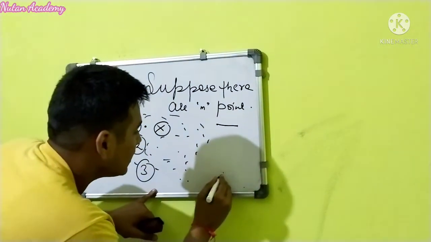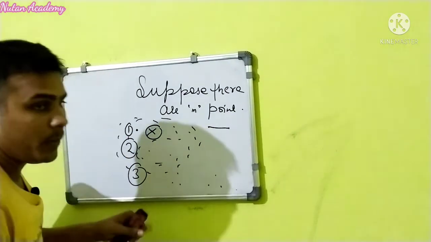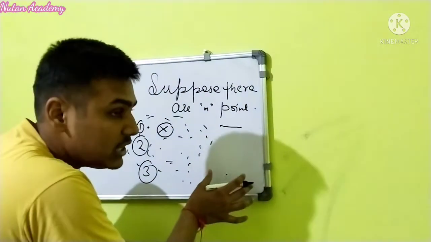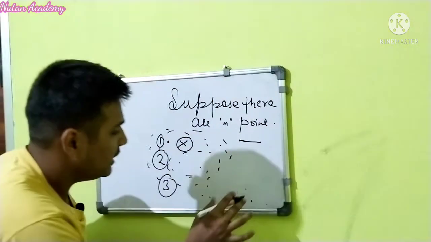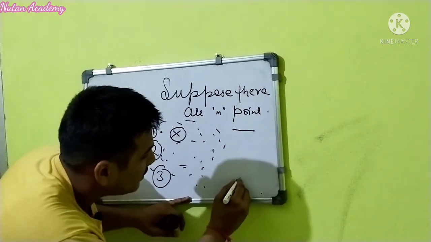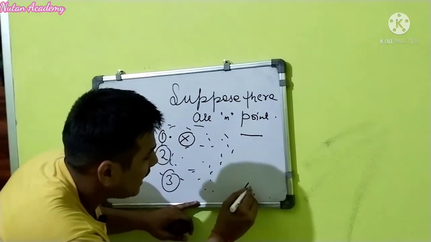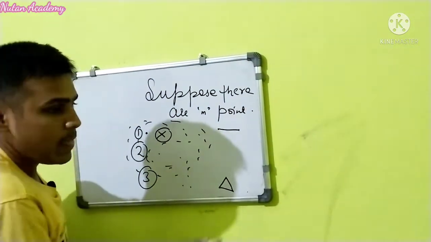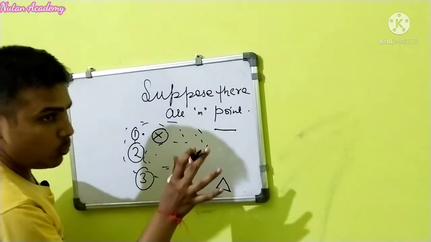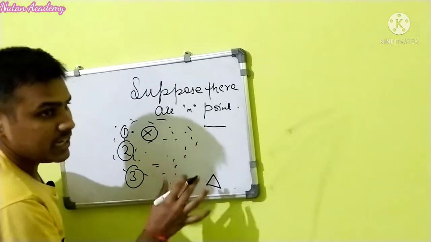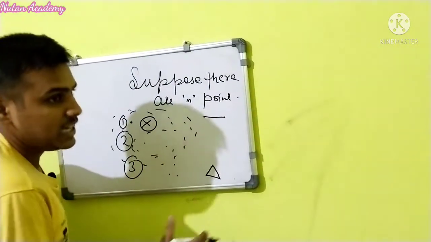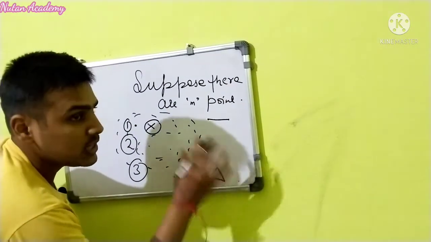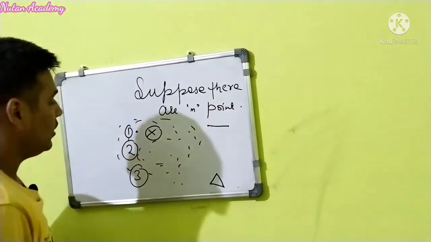In the case of non-collinear, how many straight lines can be drawn if 3 points are given? Please look through it. The first straight line, second straight line, and third straight line. That means if you are given 3 non-collinear points, you will form 3 straight lines.